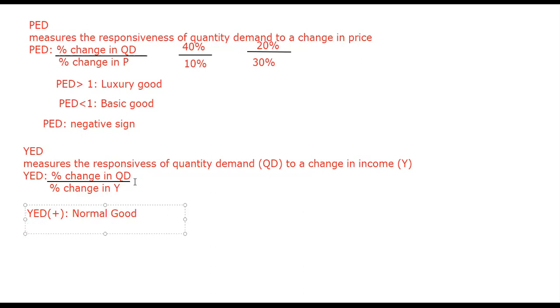If you calculate YED and it gives you a negative sign, the good in question is an inferior good.